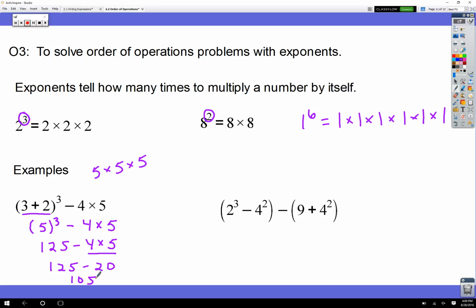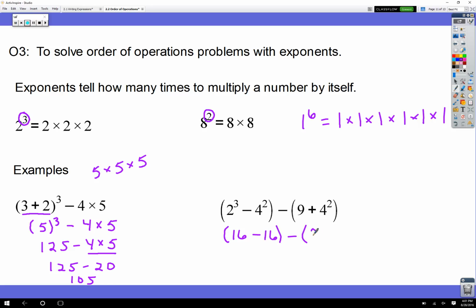Okay, let's look at the next example. In the next example, we're supposed to do parentheses before exponents, but in this case the exponents are inside the parentheses. So in order to do the parentheses, we're going to have to do the exponents first. So I have 2 to the third power. That's 2 times 2 times 2, and 2 times 2 is 4, times another 2 is 8, minus 4 to the second power means 4 times 4, which is 16.